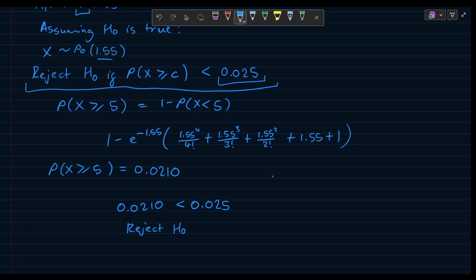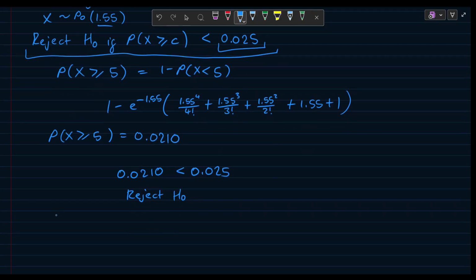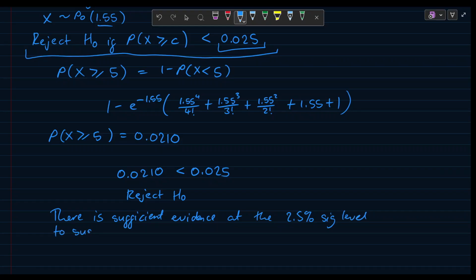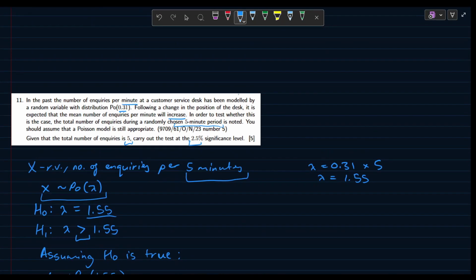And now we have to conclude in context. So we can say there is sufficient evidence at the 2.5% significance level to suggest that the mean number of inquiries has increased, because they were testing for an increase in the mean number of inquiries.